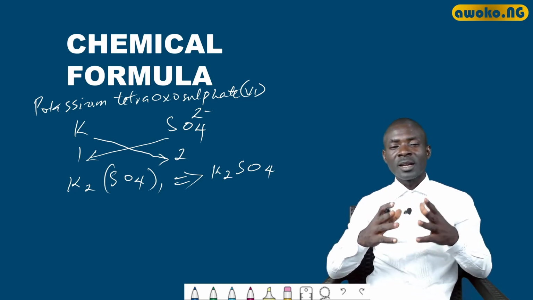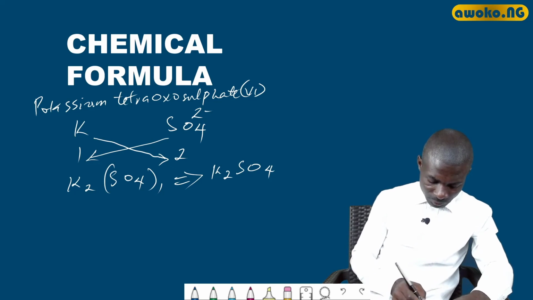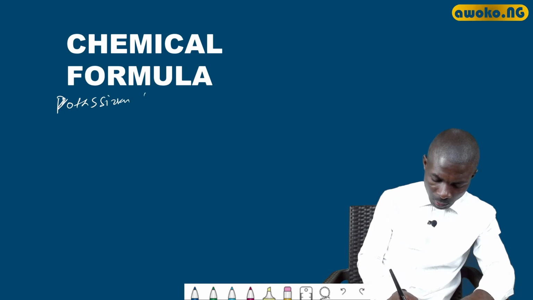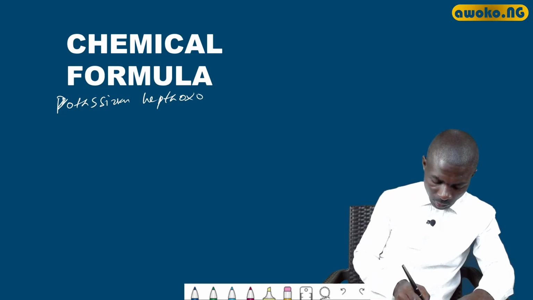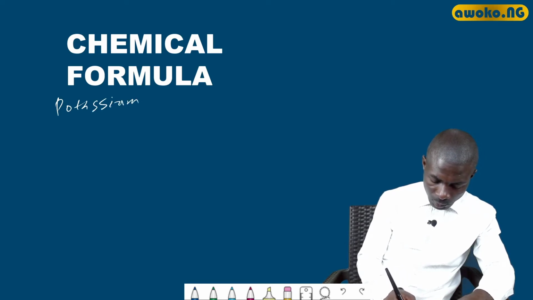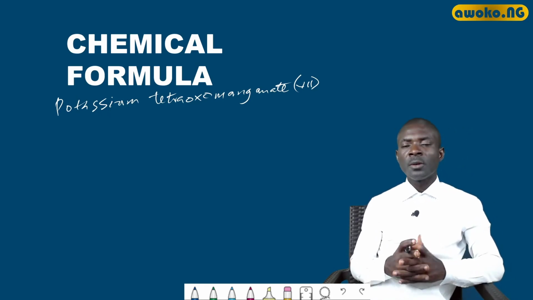It is very simple, isn't it? Now let's take a look at another compound. This time around, we are going to be looking at potassium tetraoxomanganate 7.